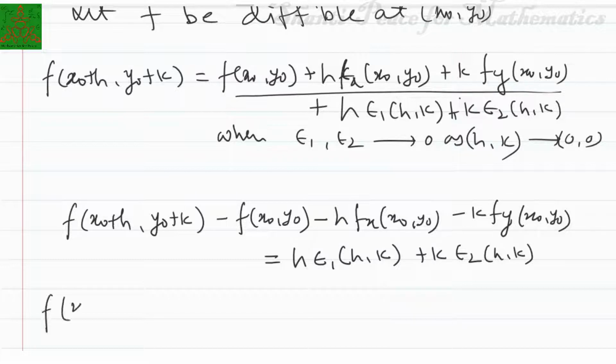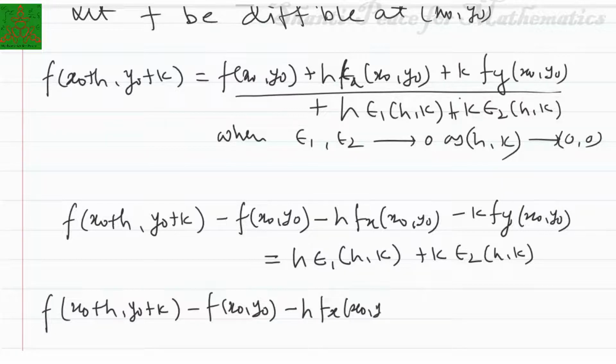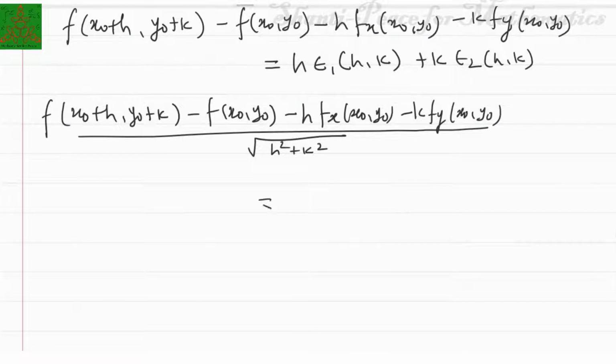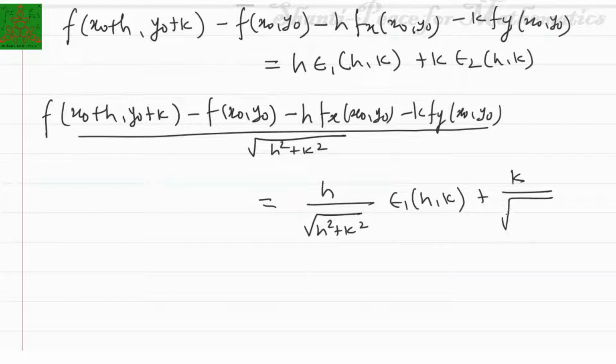So that gives f of x0 plus h, y0 plus k minus f of x0 y0 minus h fx at x0 y0 minus k fy at x0 y0 upon square root of h square plus k square, which is the same as h upon square root of h square plus k square into epsilon 1 hk plus k upon square root of h square plus k square into epsilon 2 hk.